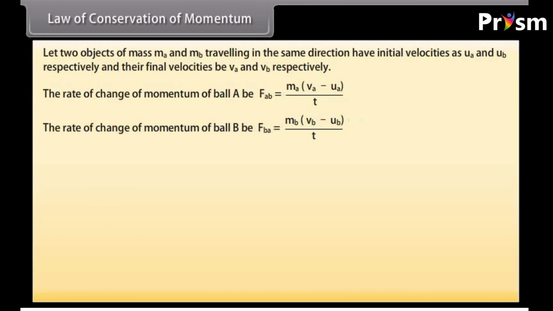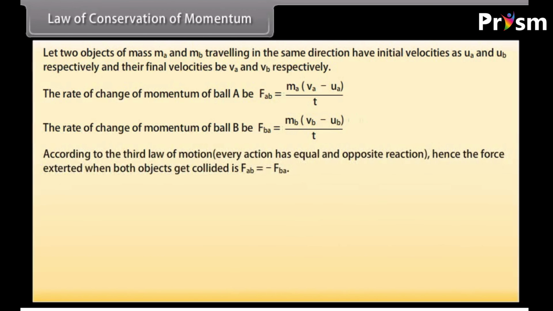The rate of change of momentum of ball B, FBA, is equal to mB times (vB minus uB) upon t. According to the third law of motion, every action has an equal and opposite reaction. Hence, the force exerted when both objects collide is FAB equal to minus FBA.